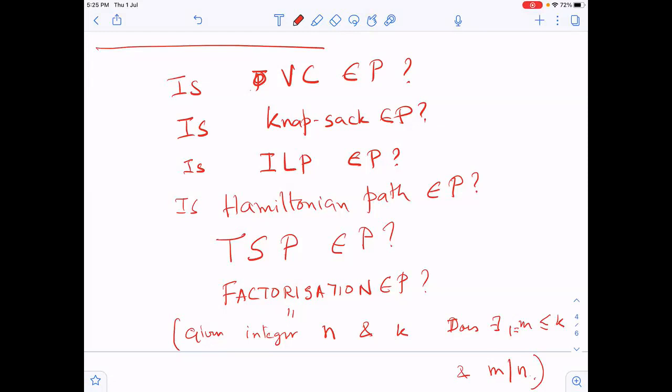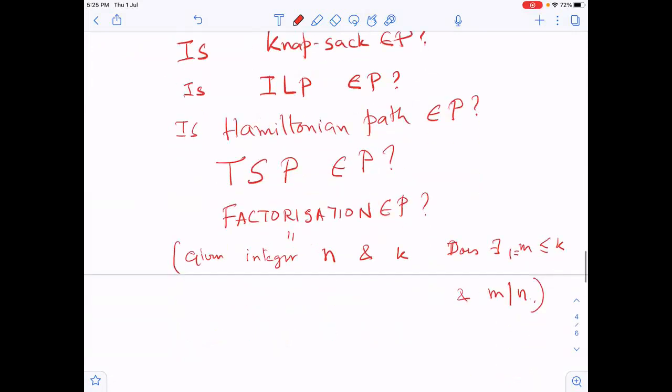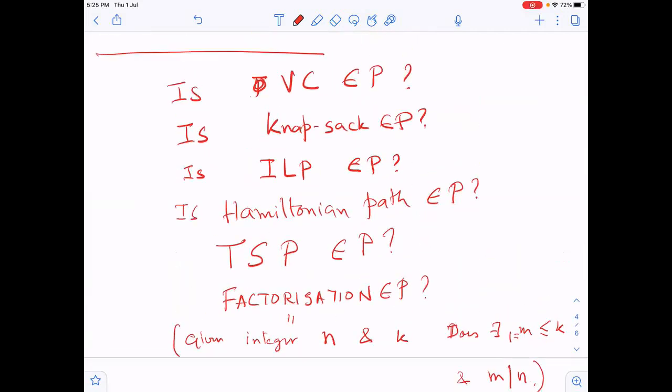Can you solve ILP in polynomial time? Again, I have no idea. Can you solve factorization in polynomial time? Once again, I don't have any idea. These are very, very important problems. They come up in real life applications all the time.